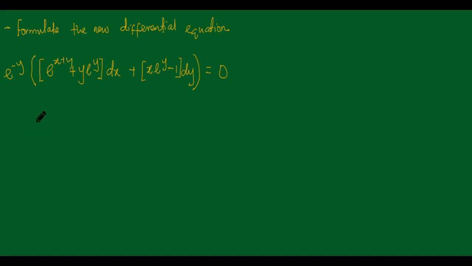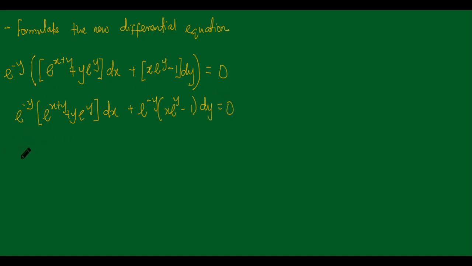So by expanding the brackets, we have e raised to the power of minus y into brackets e raised to the power of x plus y e raised to the power of y dx plus e raised to the power of minus y into brackets x e raised to the power of y minus 1 dy should be equal to 0.